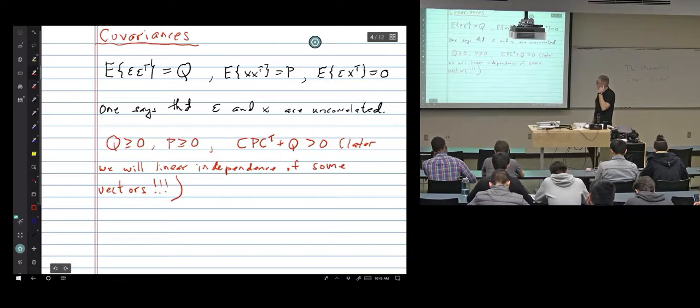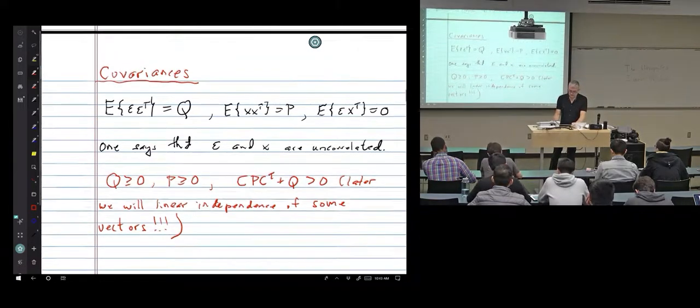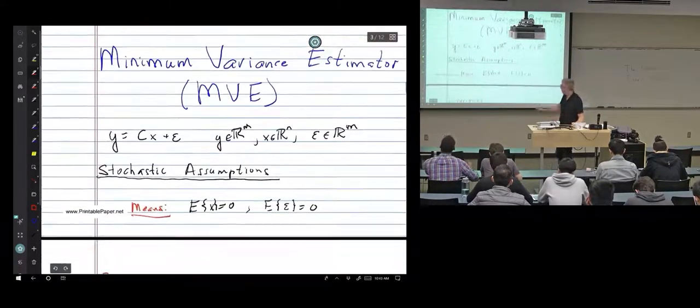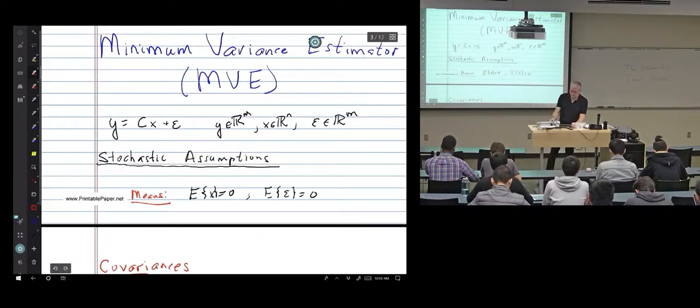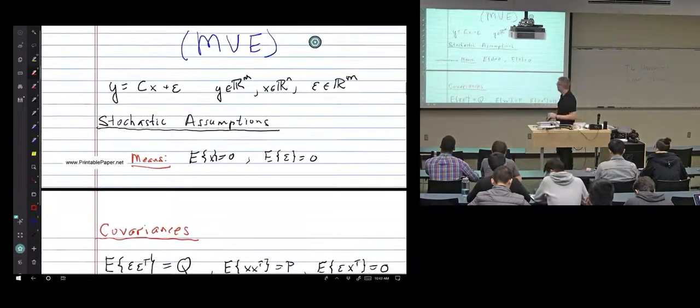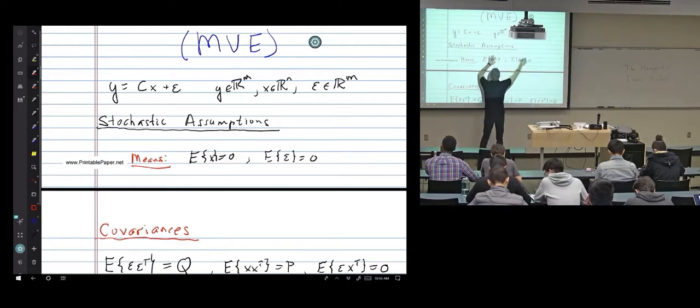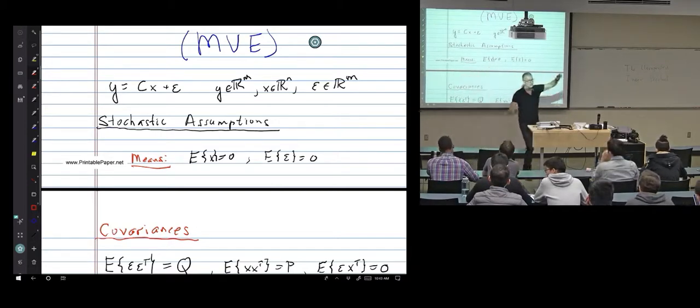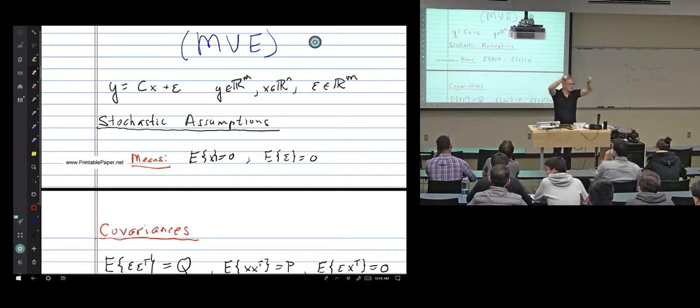Okay, so this is the problem statement. We now have side information about how x is distributed. So it's the same linear problem we've studied many times. We first started out with no stochastic assumptions whatsoever, and then we had only stochastic assumptions on measurement error. Now we have some a priori information about how x is spread about its mean.